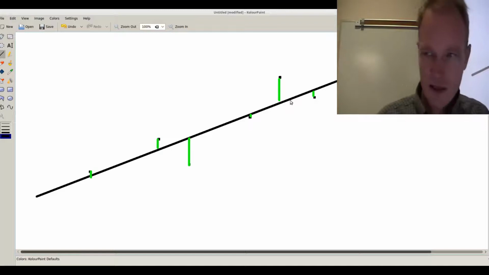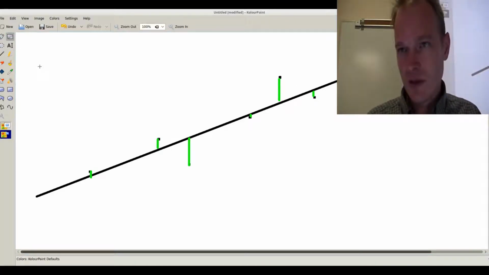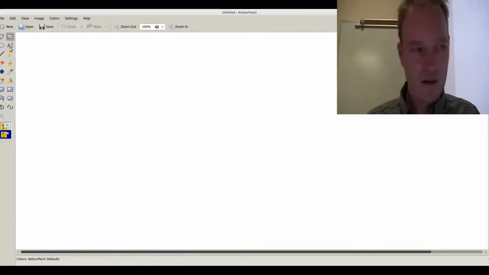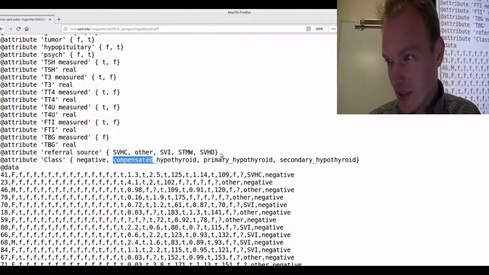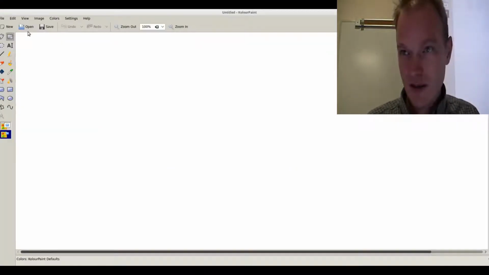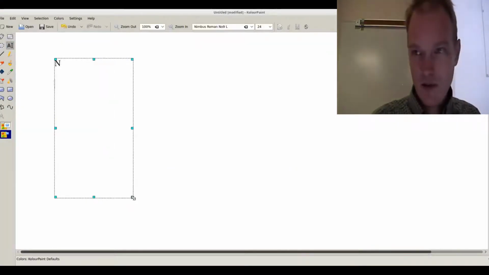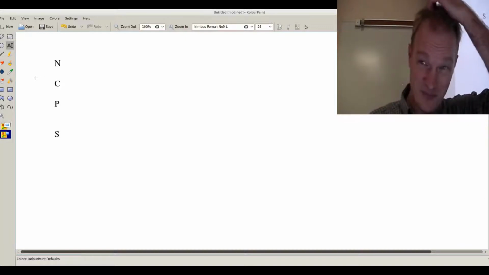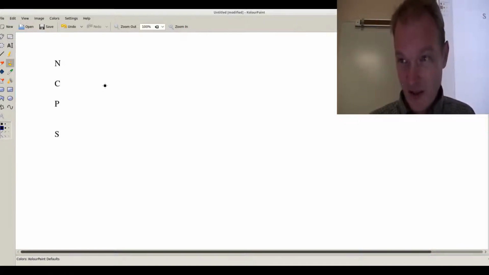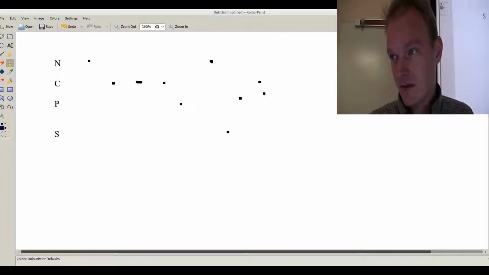Okay. In the case of categorical values, well, let's just use the ones from the data. We've got negative, compensated, primary, and secondary. So I guess your data looks like this, ish.